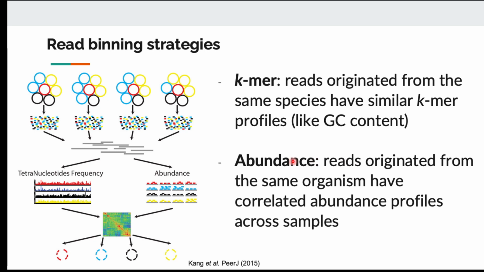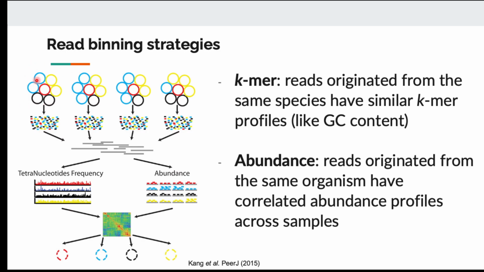So if you look at the read counts for those sequences across samples, it might take some imagination. Let's say we have 4 samples. Sequences or reads that originated from the blue organism are going to be low, high, high, low, because in different samples you have different proportions of the blue organism.